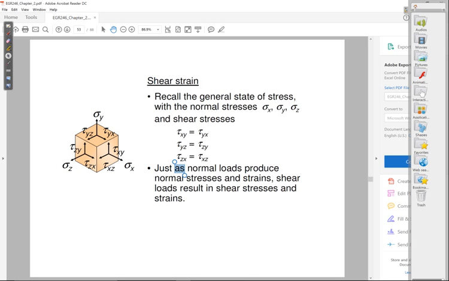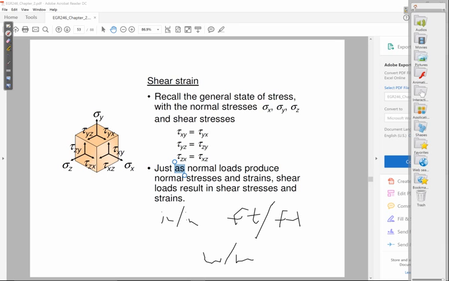So we already defined a normal strain, and a normal strain had units of length over length. So it was always inch per inch or foot per foot or meter per meter. It's dimensionless.